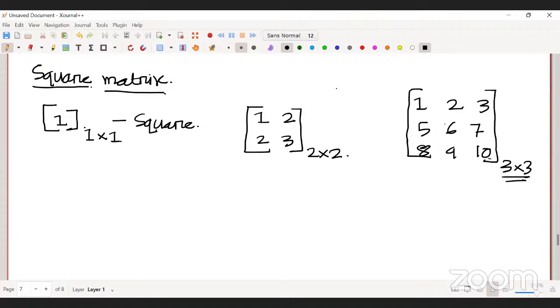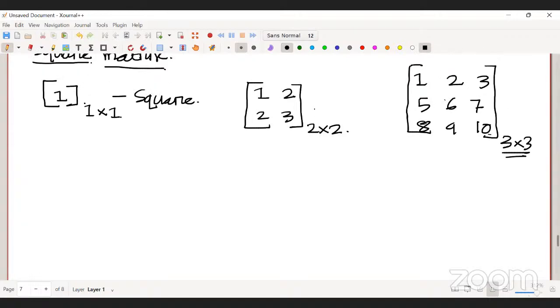So square matrices contain a lot of matrices. Again, there is a subcategory of square matrix. That matrix is basically the diagonal matrix. Diagonal matrix is a subcategory of square matrix.